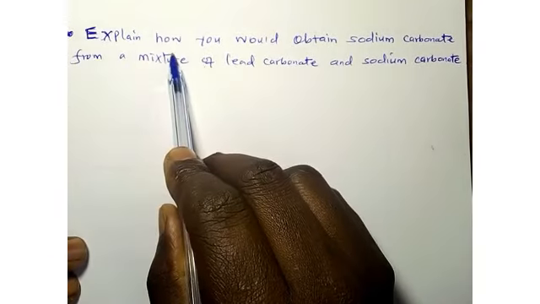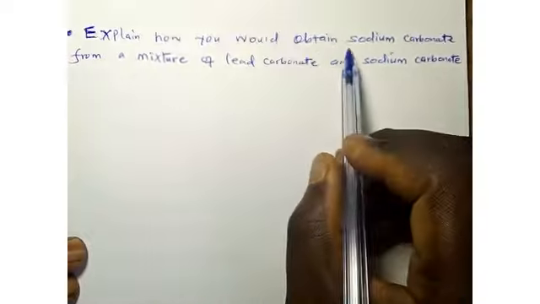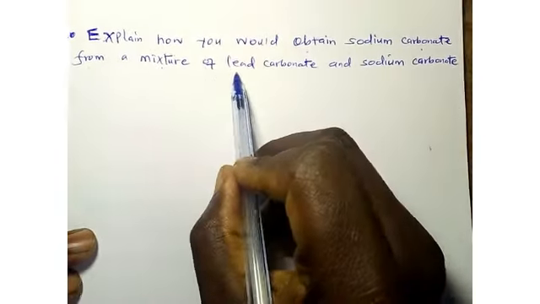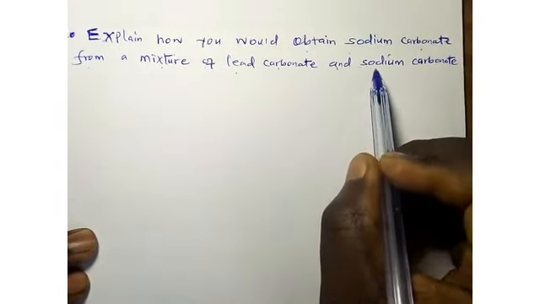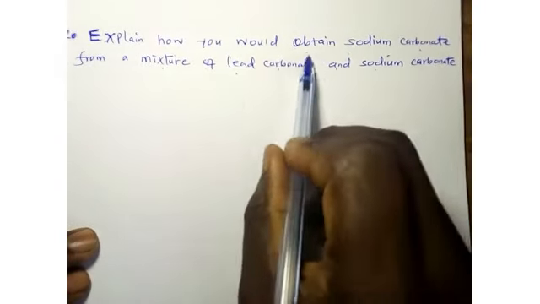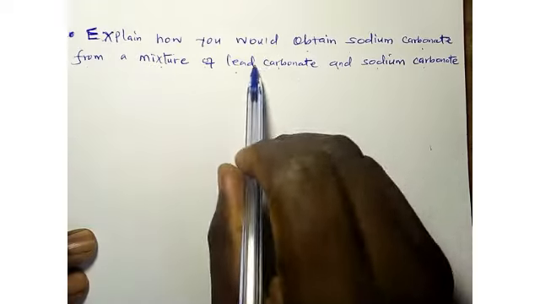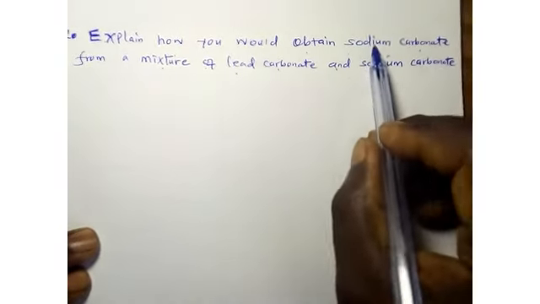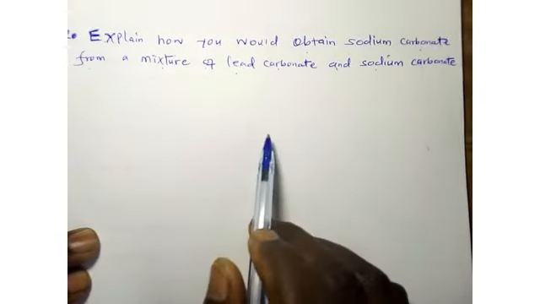Explain how you would obtain sodium carbonate from a mixture of lead carbonate and sodium carbonate. Now we have a mixture of lead carbonate and sodium carbonate. We are required to obtain sodium carbonate from that mixture.